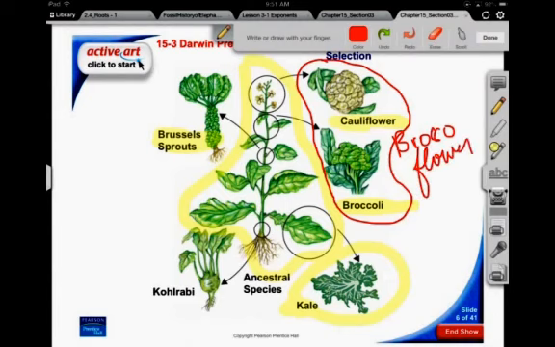Now, we have an advantage today because what Darwin couldn't do is he couldn't exactly date the rock layers. But he did know through the law of superposition that the youngest layers would be the newest things, and that the older rock layers contained ancient fossils. Okay, so let's pop out for a second and look at a few of these.